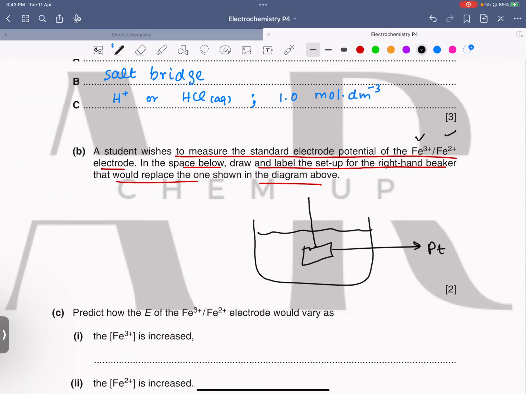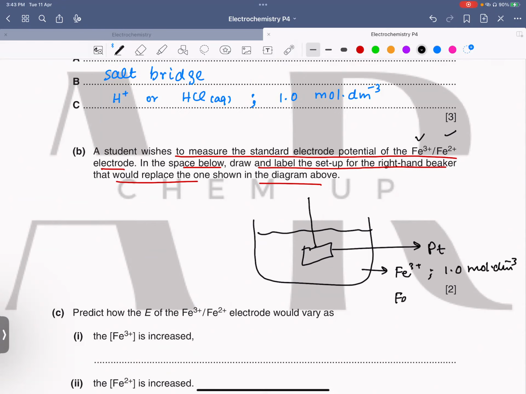Do remember, if an electrolyte has a non-metal, or only ions, then in those cases the electrode would always be platinum. And the solution has Fe3+ ions of 1 mole per dm cube concentration.